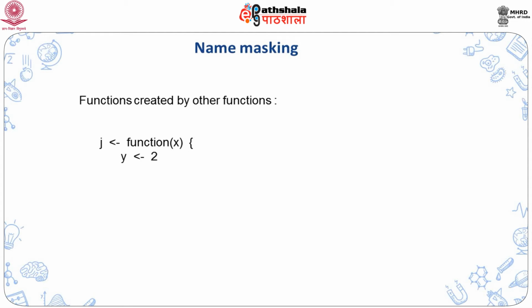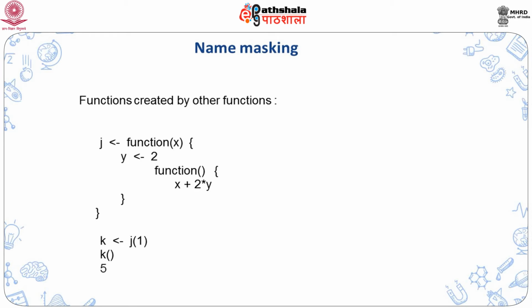Then we define again a function within j, and here it is x plus 2 times y, and then we end the function j as well as the other function. If we assign j(1) to k, and then we want to know what k returns, it will return 5.